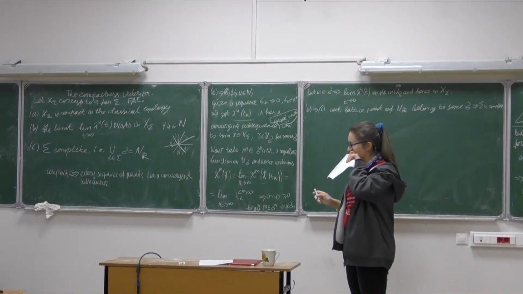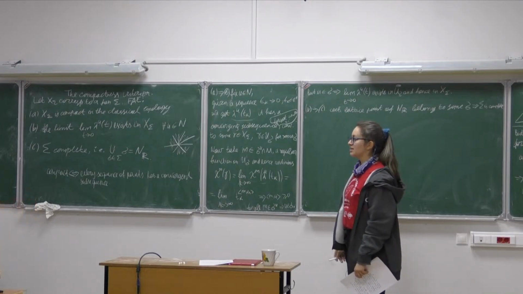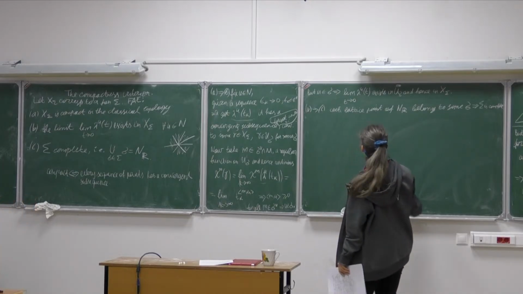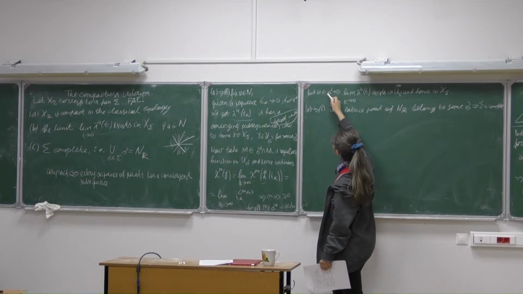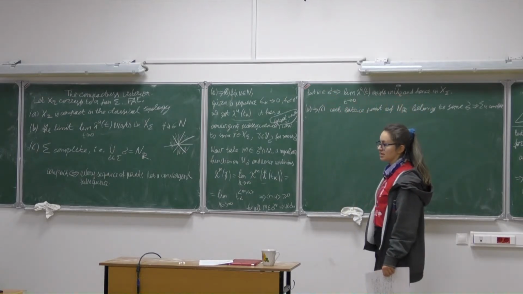Why do we have that each lattice point belongs to some cone? Last time we proved that if u is not in sigma, then the limit in U sigma doesn't exist.